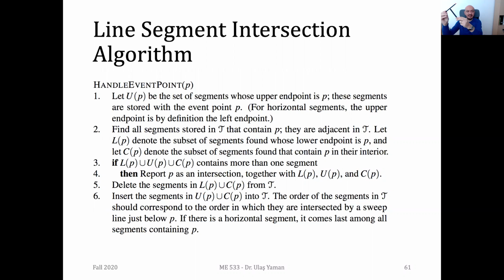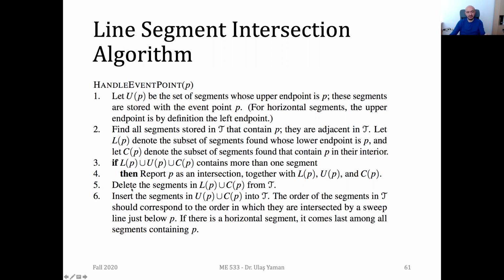So C of P has 1 item, and U of P has 1 item. So they contain more than 1 segment, they contain 2 of these segments. And then we report this P as an intersection point. As you see in the example here, this obviously is an intersection point. And we also need to report these subsets, L of P, U of P, and C of P.